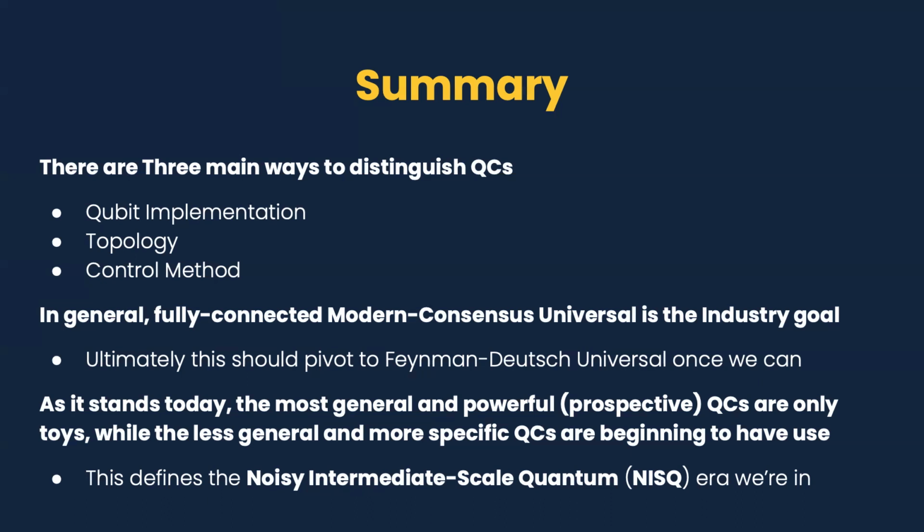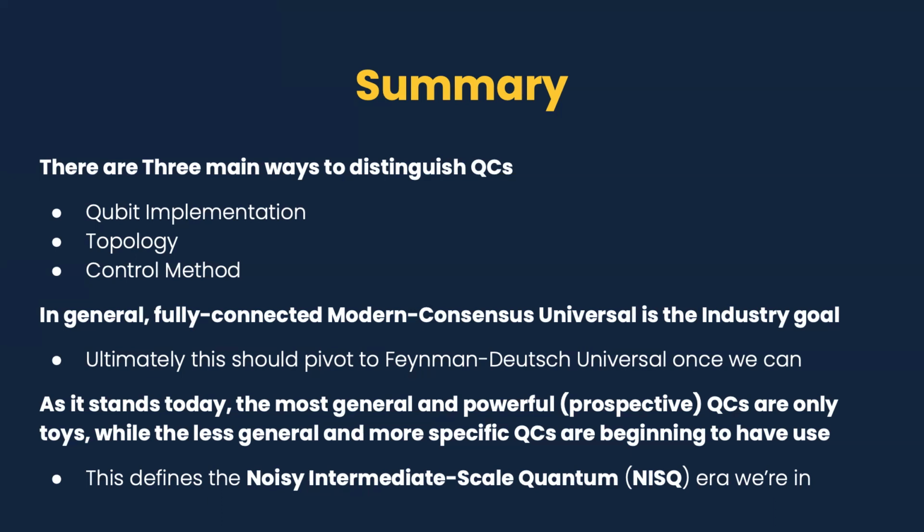There's photonic ones, and people are trying to come up with new ones all the time. And even under those distinctions, the trapped ion has two different versions, and the superconducting has three different versions we talked about, but actually a ton. So there's a lot of subcategories under these three to distinguish quantum computers.